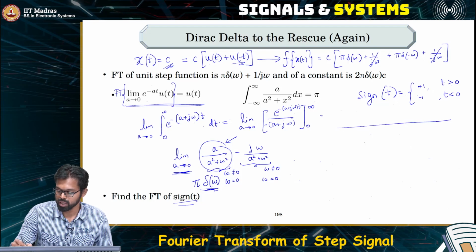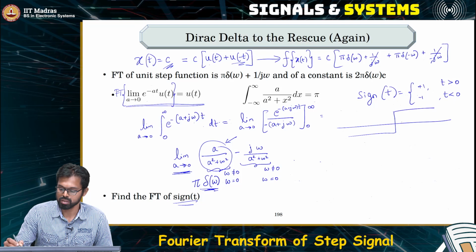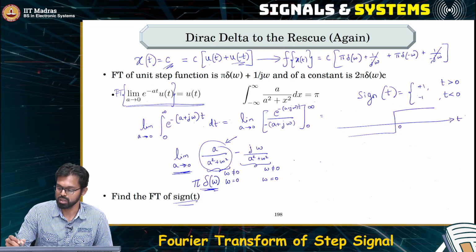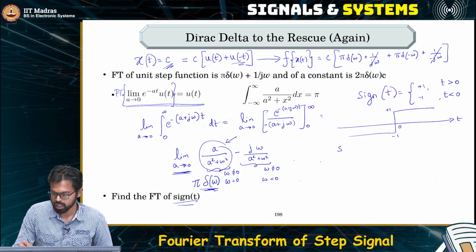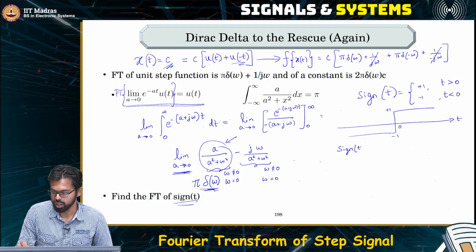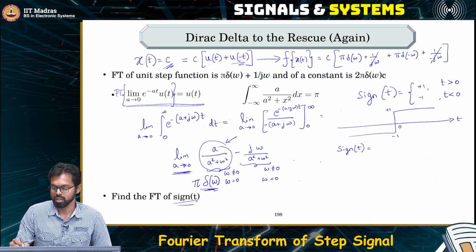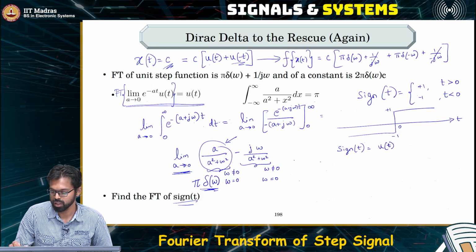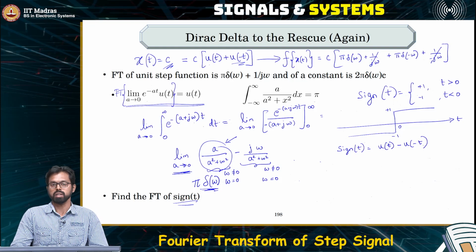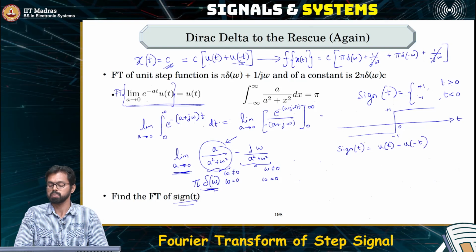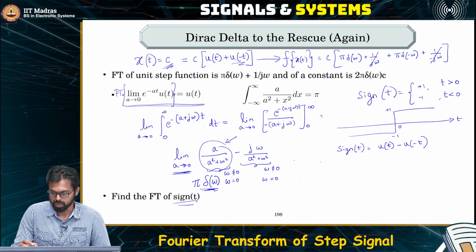So if you plot it, it looks like this. This is 0, this is t, this is +1, this is -1. This is the Signum function. The nice thing that we can do is, instead of doing all the integration, we can write this as u of t minus u of minus t. Life is simple if you can just express this as the unit step function.